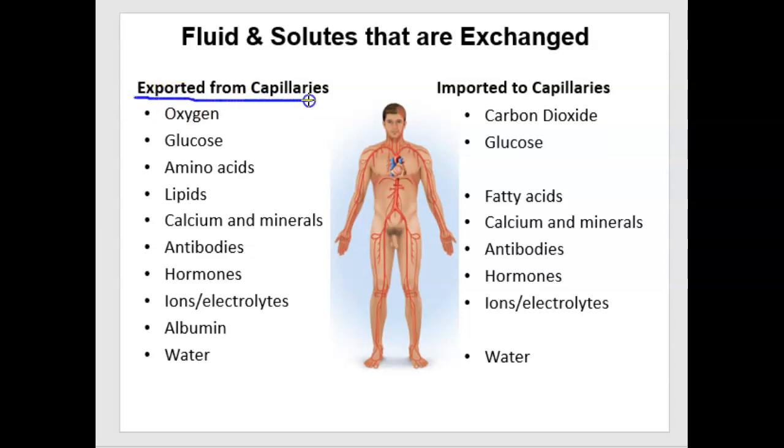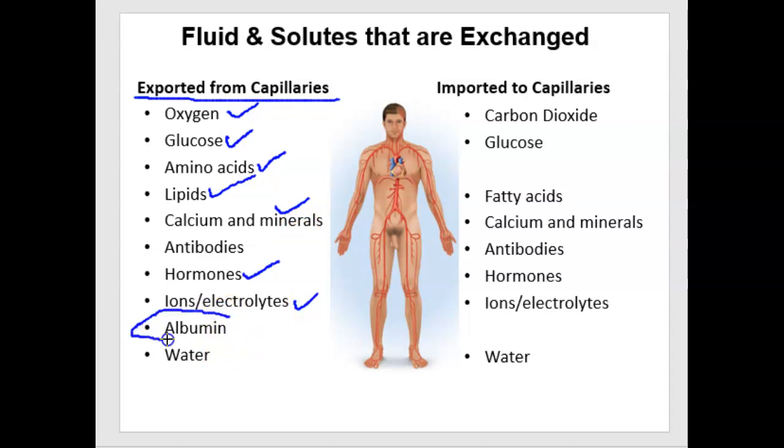What's typically exported out of the capillaries would be oxygen, nutrients like glucose, amino acids, lipids, calcium and minerals, and antibodies can actually leave the blood as well as hormones to get to their target cells, and electrolytes and ions, which go with minerals.